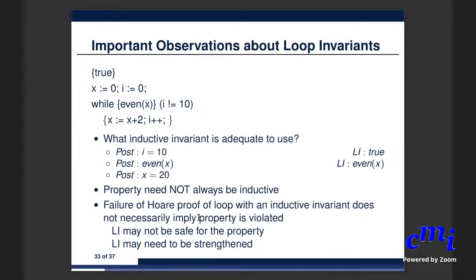Maybe inductiveness and initiation are true, in the sense that what you have proposed as Li is an inductive invariant, but still you may not be able to get the proof, just because the exit check failed. But just because it failed, it doesn't mean that your program is buggy. It means that your proposed loop invariant is not strong enough. It's too weak to get you the proof.